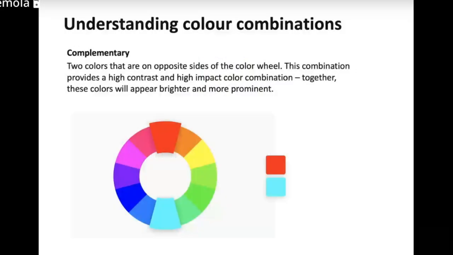So if I'm working on a project that entails the use of red, one of the immediate complementary colors I can use is the one directly opposite to it. The other immediate color I can use is the one beside it, either on the left-hand side or the right-hand side. But one of the easiest ways is just to look at the color on the opposite side of the current color you are using.